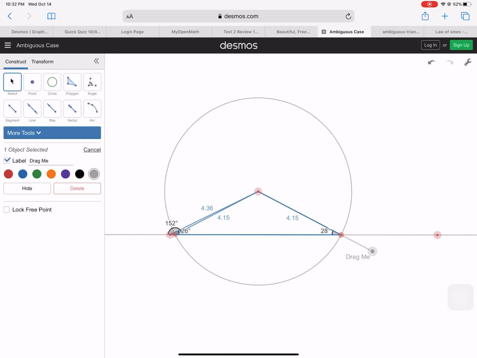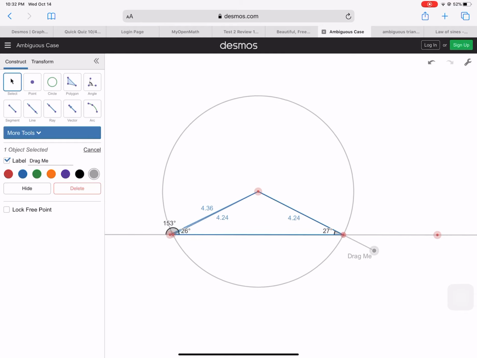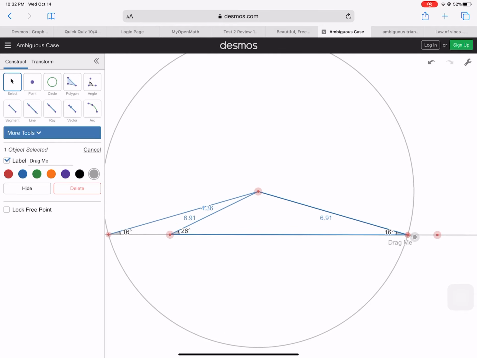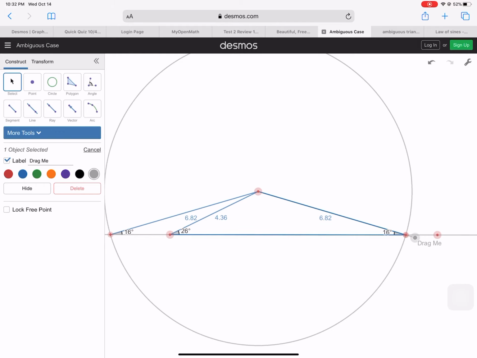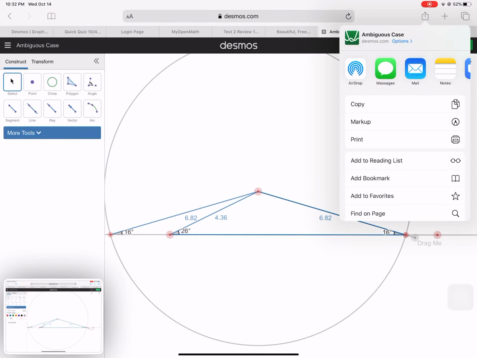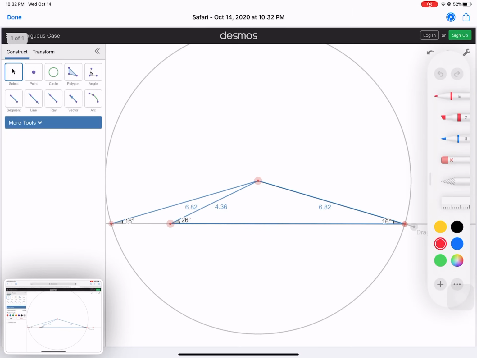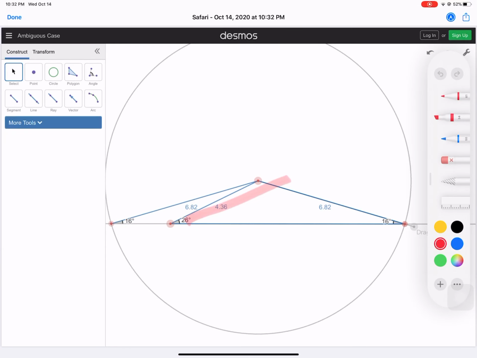So we're at 4.36. I'm going to make it longer than 4.36. We only have one triangle now. I'm going to mark this up to show you. This is my only triangle here, because this part here doesn't have anything to do with the triangle anymore. Look, the 26 isn't part of that triangle.